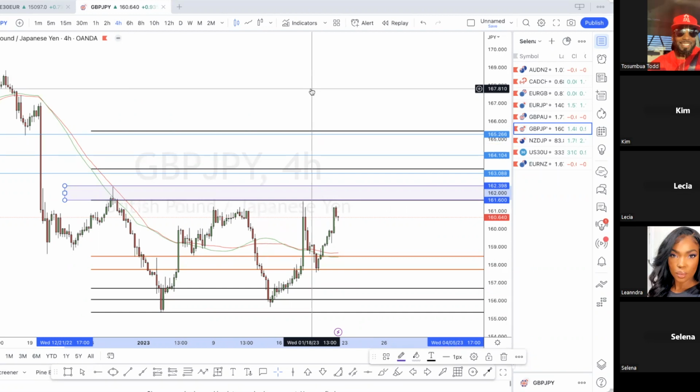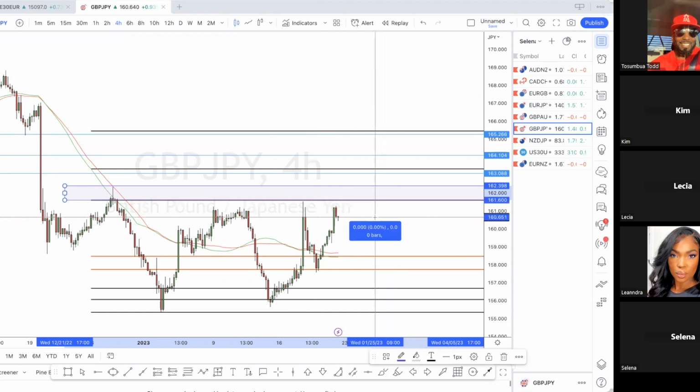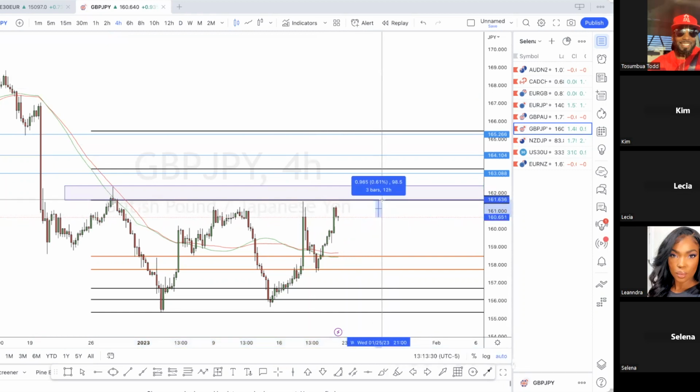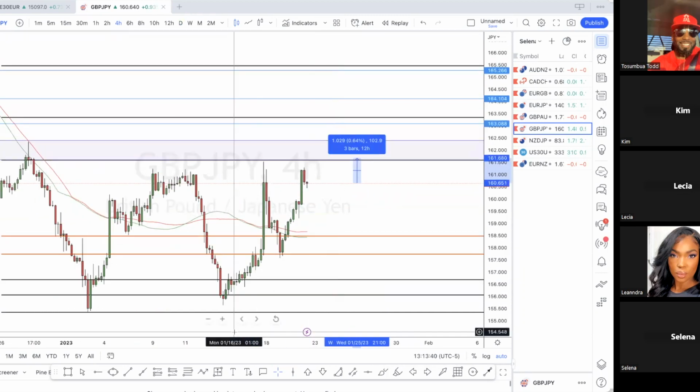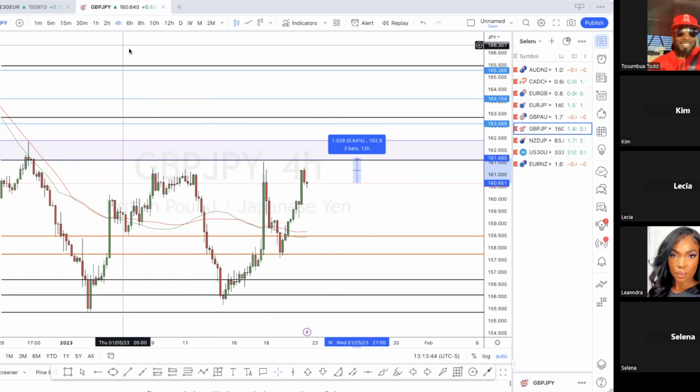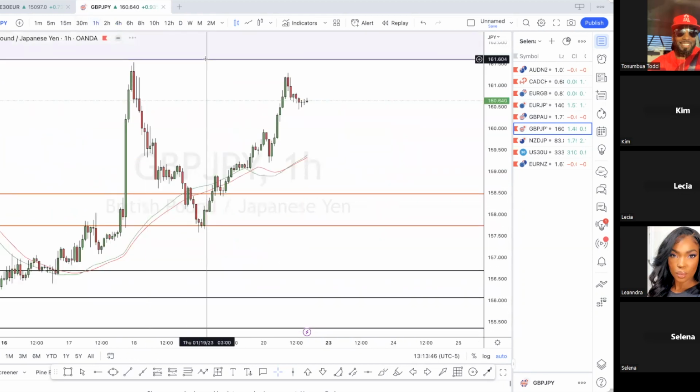So let's say it buys up 20 pips or 30 pips and it starts selling. It's going to go to that zone. If it goes 100 pips up, I would be shocked. I'm not saying it couldn't do it, but I would be shocked versus it selling first to the zone and then going up.